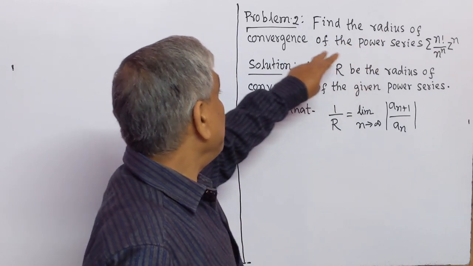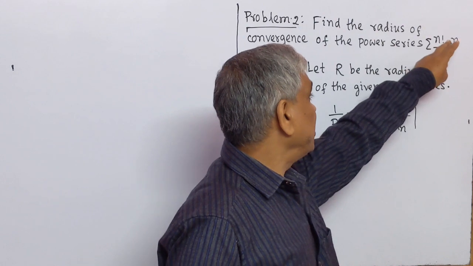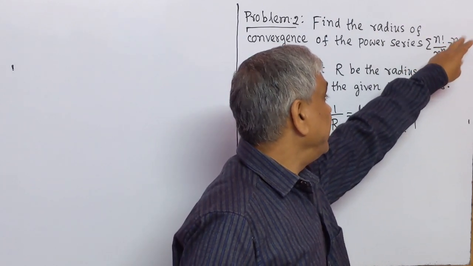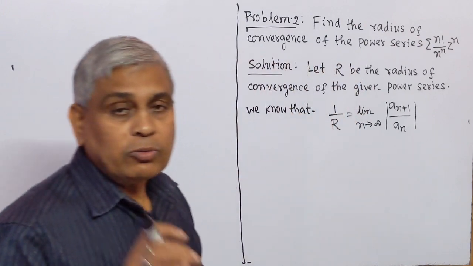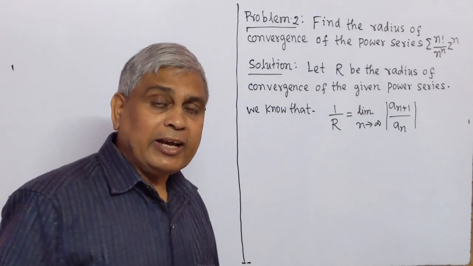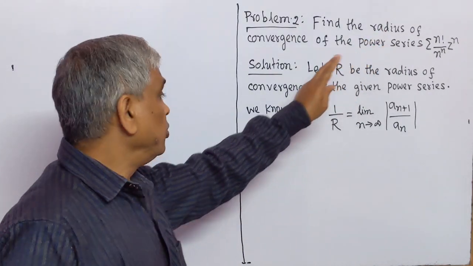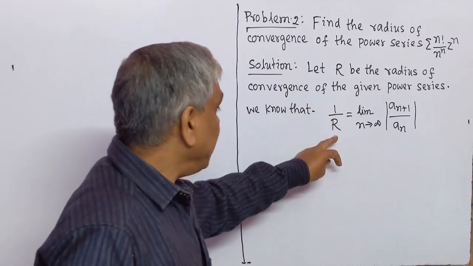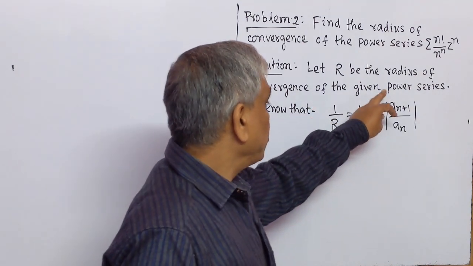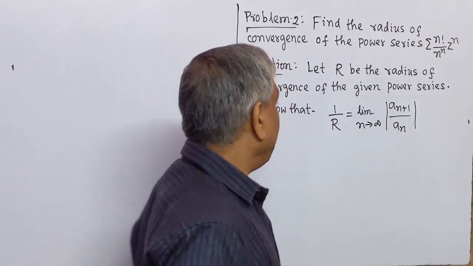Find the radius of convergence of the power series sigma factorial n by n to the power n multiply z to the power n. Now we solve this. Let R be the radius of convergence of the given power series. We know that 1 by R equal to limit n tends to infinity modulus of a n plus 1 by a n.